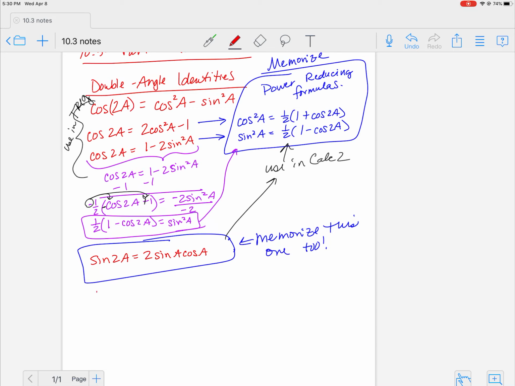Because you are going to use this again in Calc 2. All right, so we use both of these, the power reducing and this double angle sine, a lot in Calc 2. All right, the rest of this stuff is awesome, but you're just not going to use it that much other than in trig right now. Tangent, again, is a rational expression.